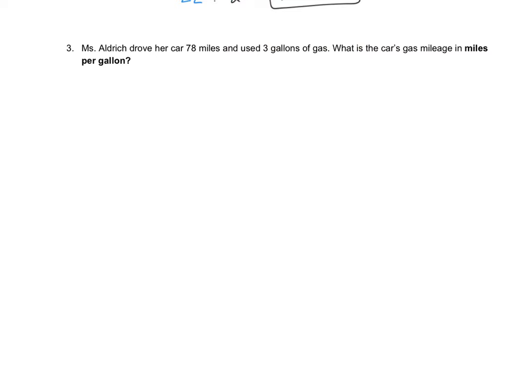Number 3 says Mrs. Aldridge drove her car 78 miles and used 3 gallons of gas. What's the car's gas mileage in miles per gallon? So remember, if it's miles per gallon, I want to get it down to 1.